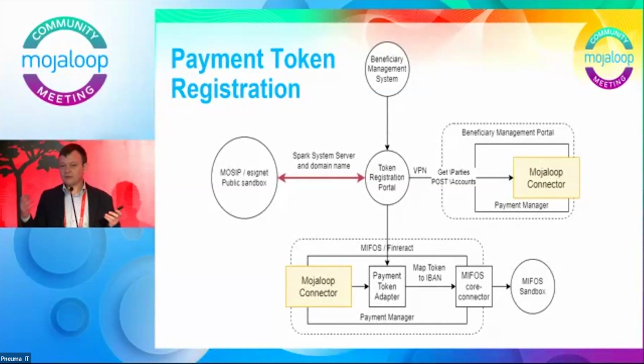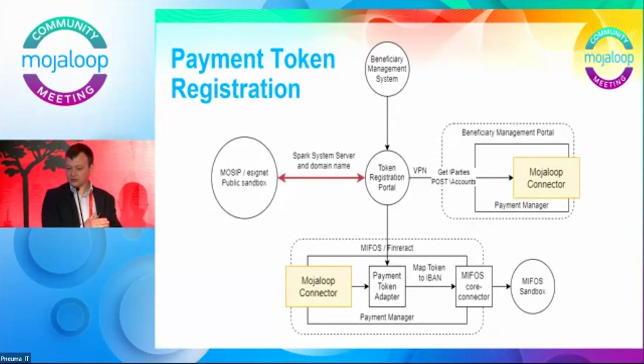So what we're effectively doing is mapping one alias for another. Well, not one alias, we're mapping the alias to a standard Mojaloop payment token. This is the work that Elijah's done. He's built a payment token adapter that performs that action. The reason we did that is we can then install it in between the core connector and the Mojaloop connector, and it'll make that translation.